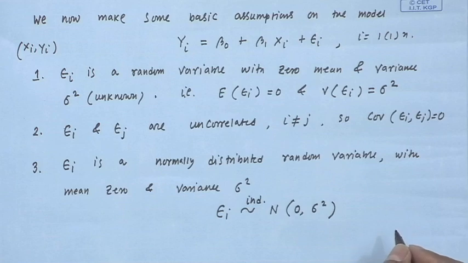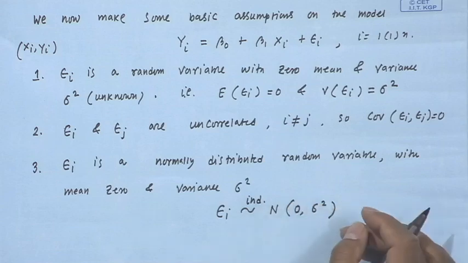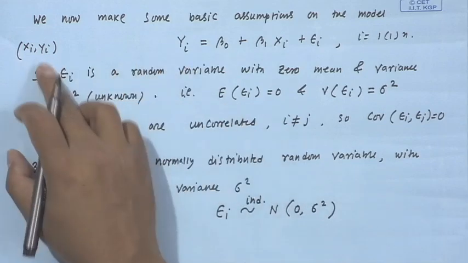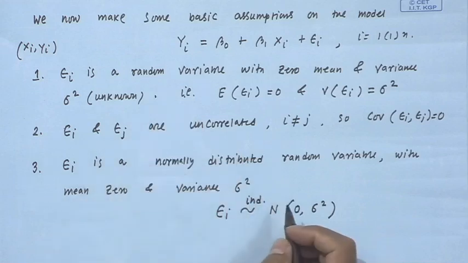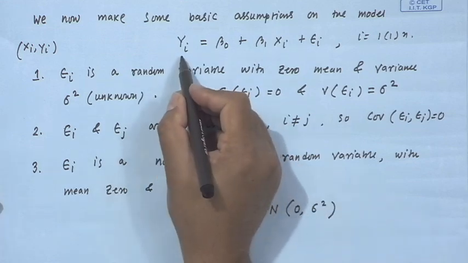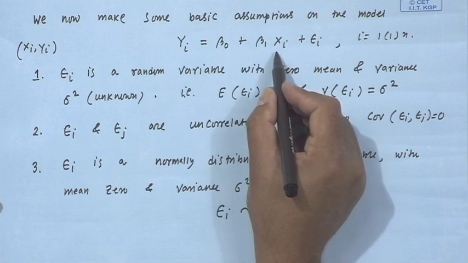So, what is the consequence of this in terms of the response variable y I? What we are basically assuming is that y is a random variable and x is a controlled variable, a deterministic variable, not a random variable.